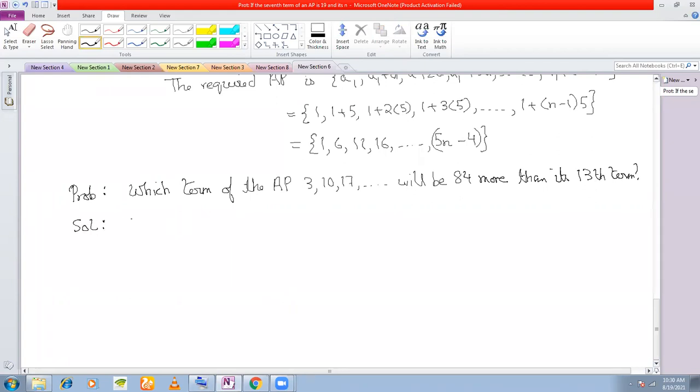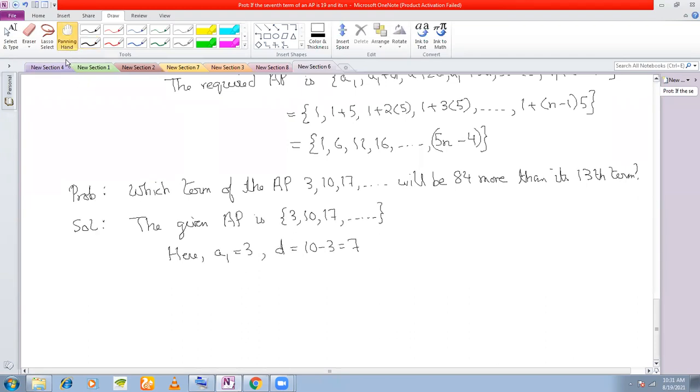So which term of this AP? Let's first write the AP. Which is the first term? And what is the common difference? 7. So once the AP is given, we can find out the first term and the common difference.